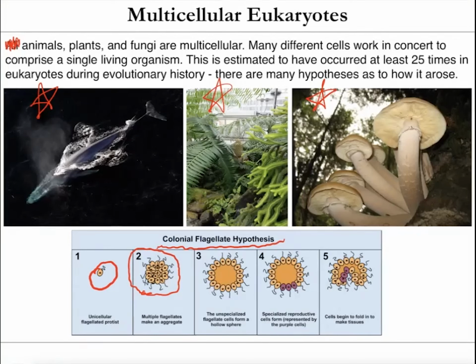This does happen with a lot of different unicellular eukaryotes all the time. So you would have something happen with these flagella interacting to form more of a coordinated organism.